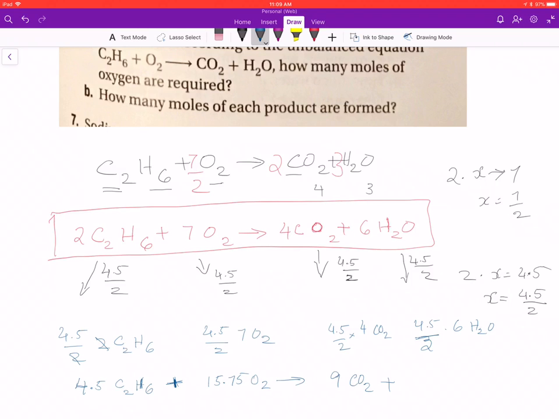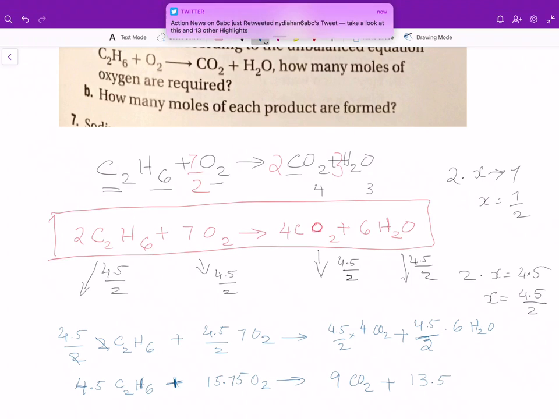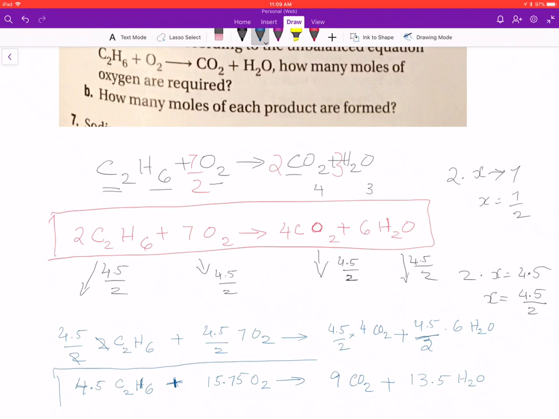How much is that? 13.5. Can you check that? Yeah, that's correct.